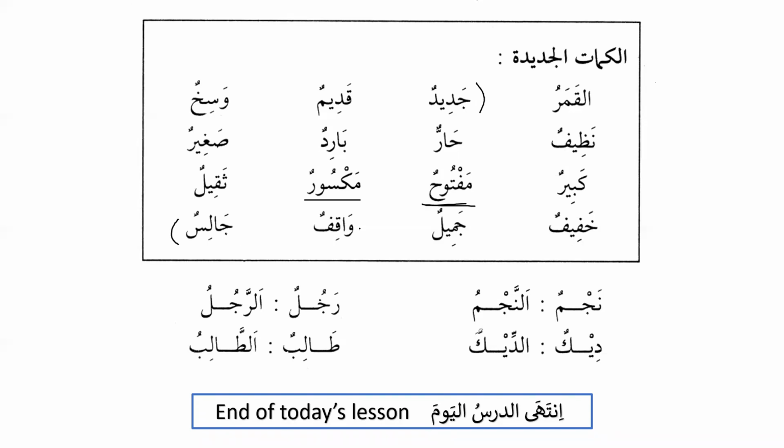This pattern, as you can see over here, waqifun and jalisun, is fa'ilun. This is the opposite of the pattern that I told you before. So you have two patterns over here. The pattern we have over here is fa'ilun: waqifun, jalisun, majidun, sajidun, shahidun.